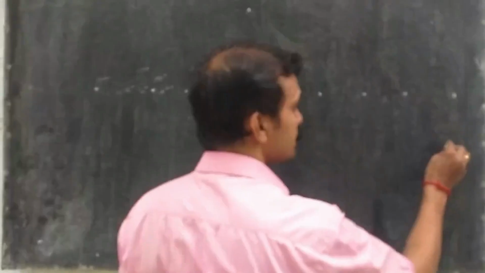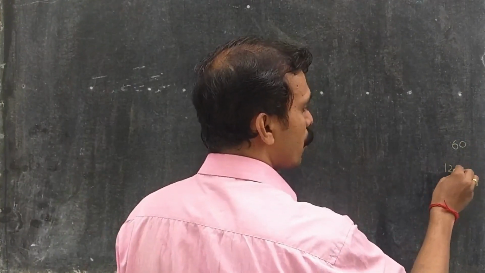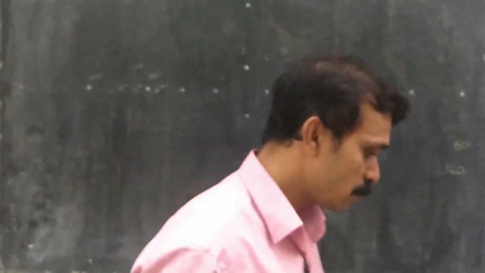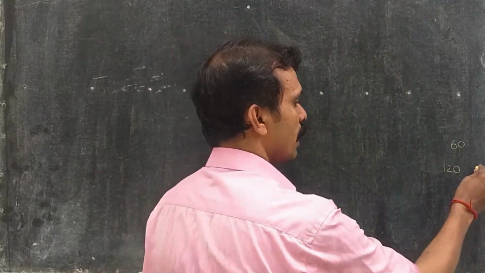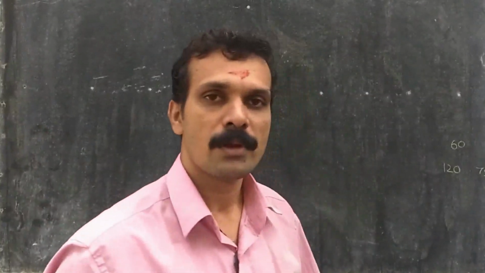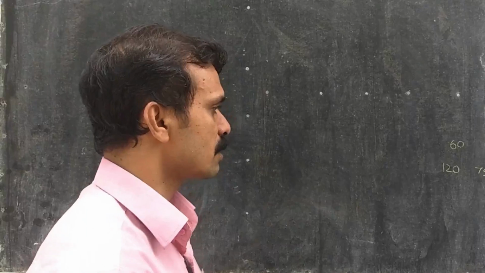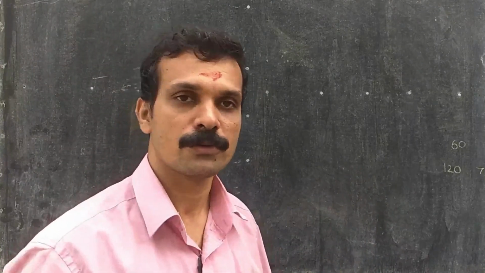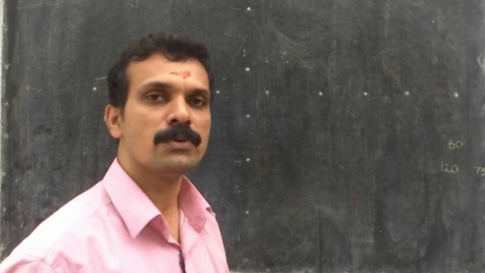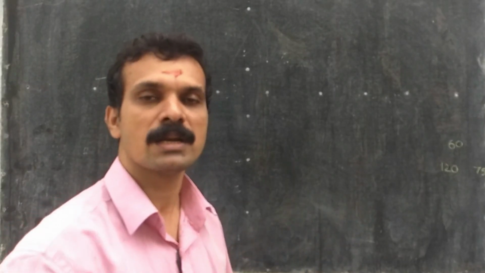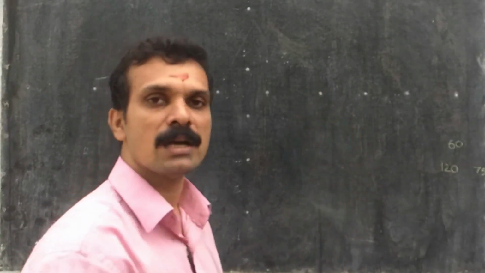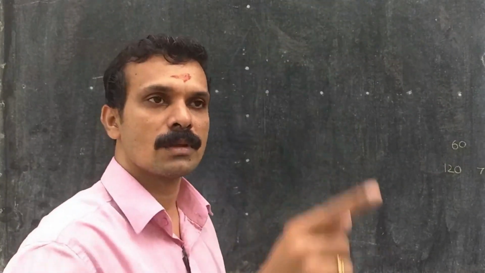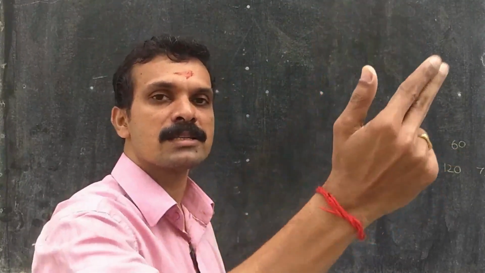Okay. So, the frustum of a cone of 60 mm top diameter, 120 mm bottom diameter and a height of 75 mm. First we have to construct the front and top views of the frustum of this cone. In the top view you can see two circles, and in the front view you can see one triangle and another triangle being cut.